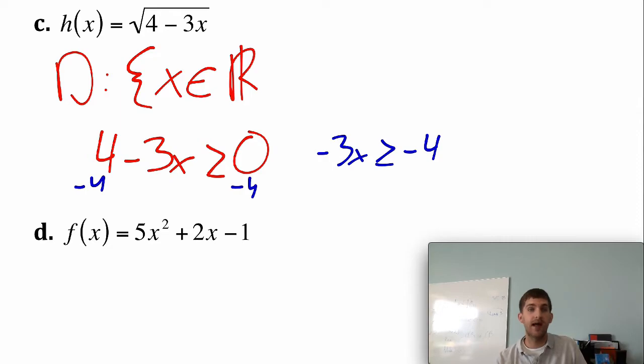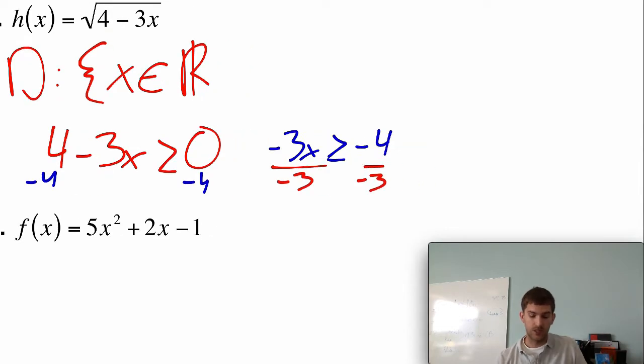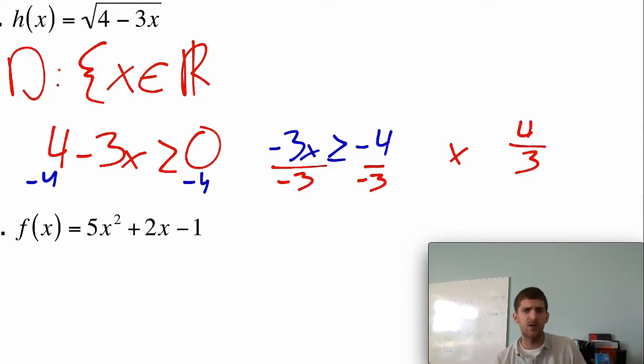Now we want to just get x all by itself, so let's divide both sides by -3. Now on the left side, we're just left with x. On the right side, -4 divided by -3. Fractions are our friends. We're going to leave it as 4/3. But you notice that I also flipped that inequality symbol. Remember, anytime you're working with an inequality, if you multiply or divide both sides by a negative number, you got to flip the inequality.